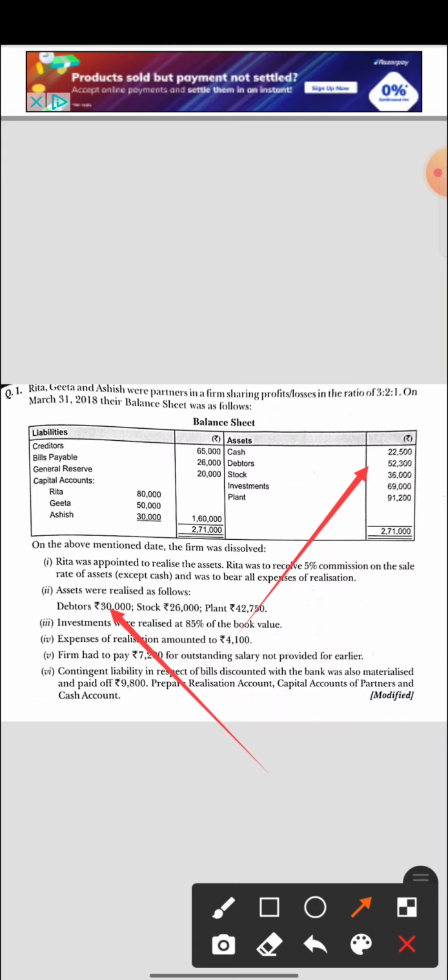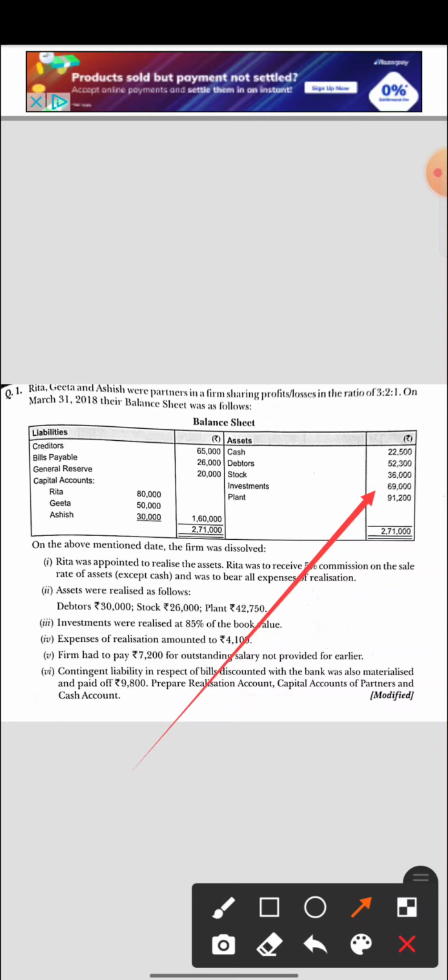Okay, so the same way, how much was stock? Stock was 36,000, but now it will become only 26,000. How much was plant? 91,000. And how much will it become now? 42,000. Okay, so I hope you understand. So who will sell this? Rita. Rita is going to sell everything. Now another thing that you need to understand is investment was realized at 85% of book value. Book value means the original cost. Simple. Okay, how much is the original cost of investment?